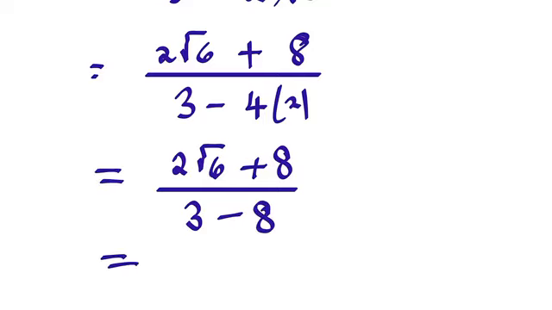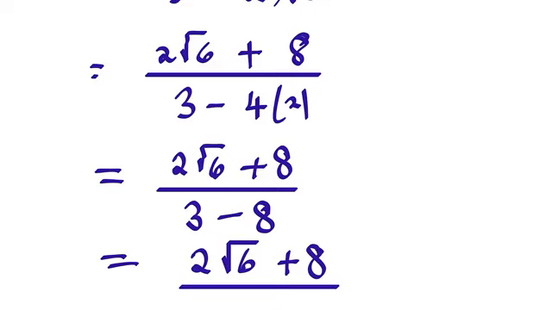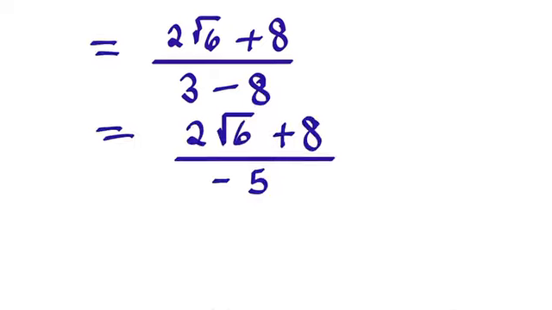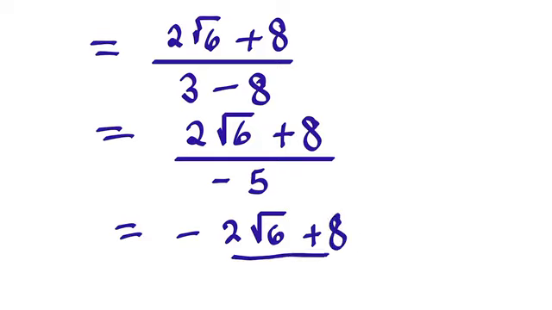So 2 root 6 plus 8 divided by 3 minus 8 will give us minus 5. So we're going to have our result to be minus 2 root 6 plus 8, then divided by 5.